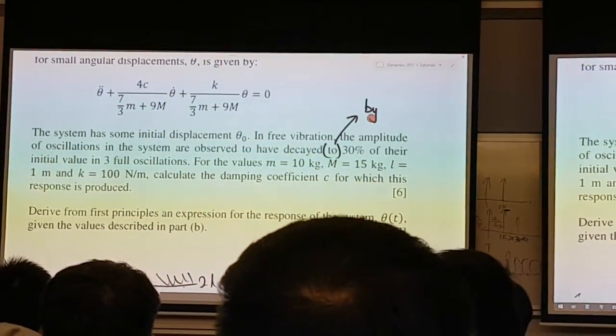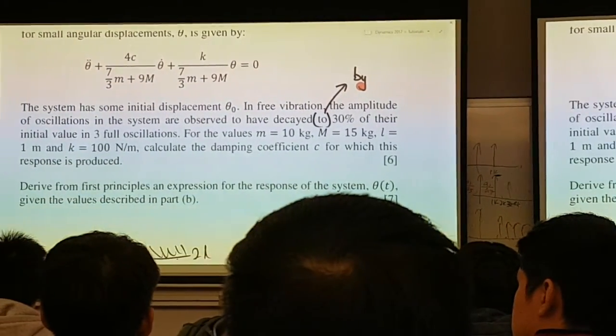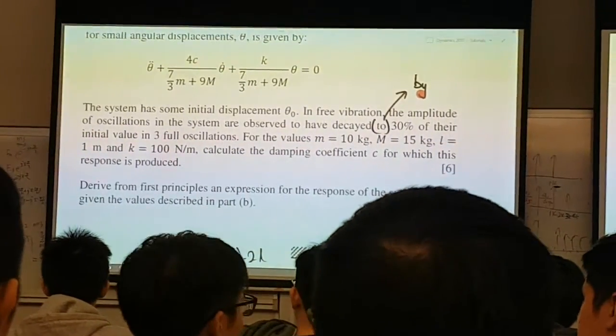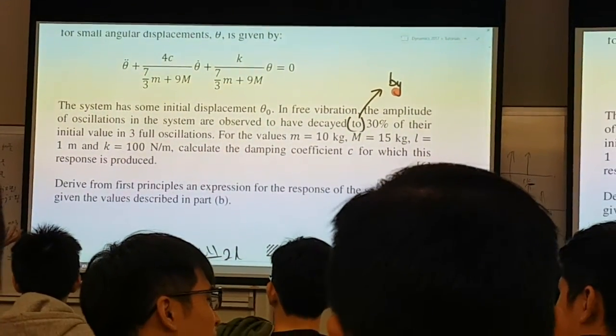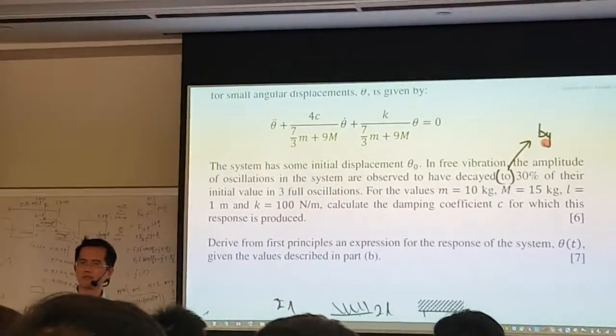I explained in English: decay to 30% means it goes until there and this is 30%, whereas decay by 30% means this part here is 30%. Do you understand? Decay by 30%, decay to 30%.